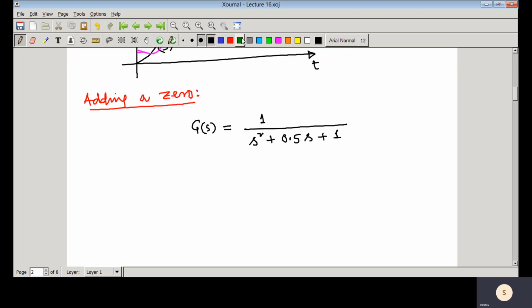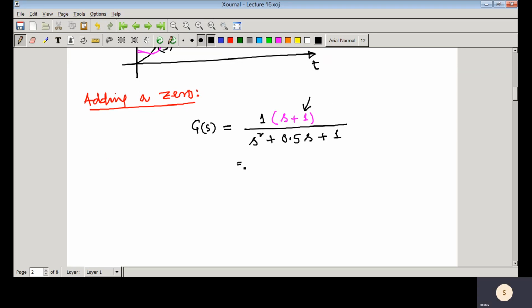So now suppose we have introduced a 0 here. Then what happens? This is a 0 which is a stable 0, that means it is placed in the left half of the S plane.